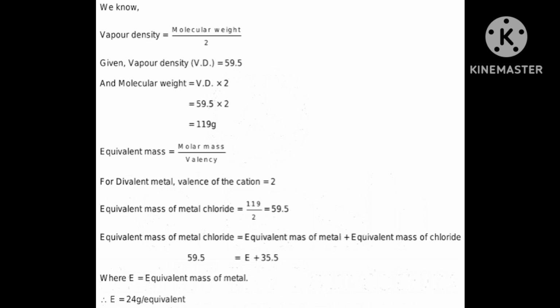From the approximate atomic weight you will calculate the valency, and once you know the valency, you can calculate the exact atomic weight if you know the exact equivalent weight.